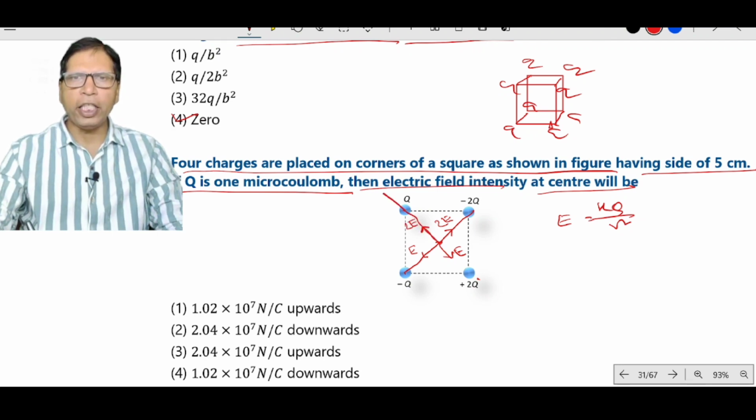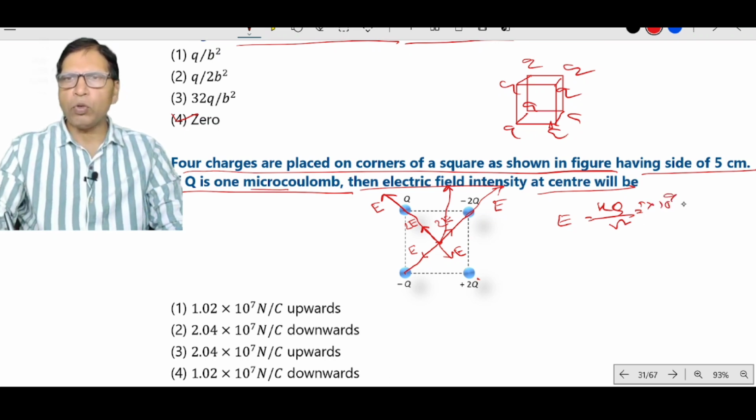So net electric field along this direction is 2E minus E, and net electric field along this direction is 2E minus E, that is E. Okay. So resultant electric field is directed along this direction. So E equals 9 into 10 to the power 9, Q is 1 microcoulomb, that is 10 to the power minus 6.